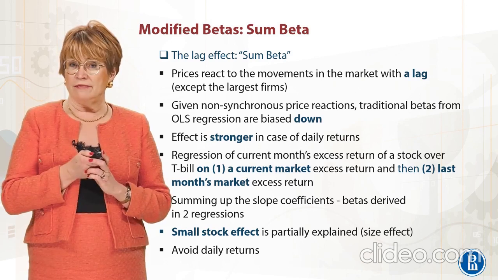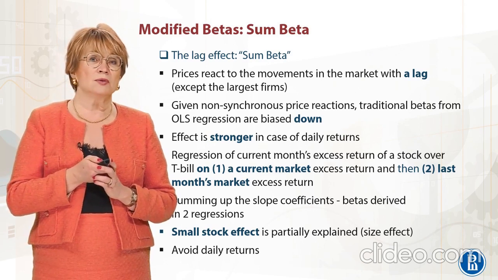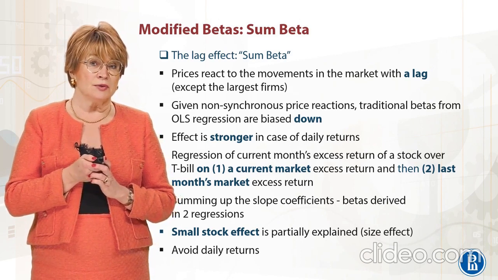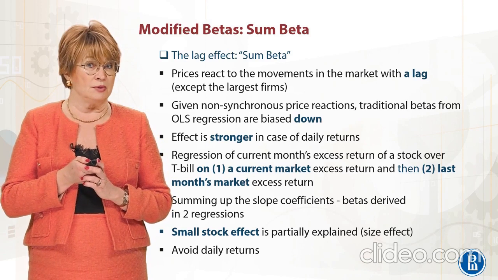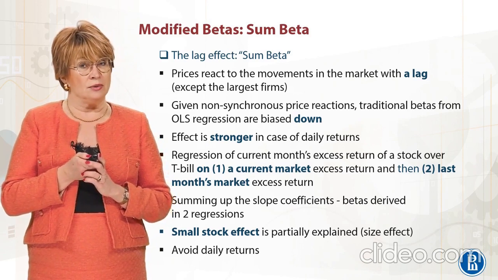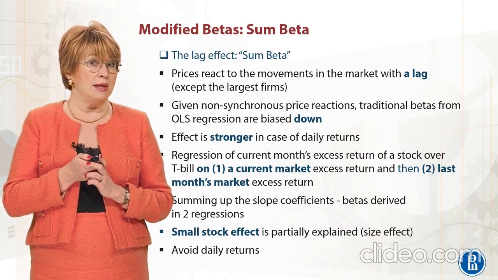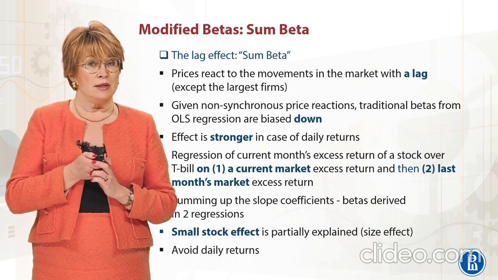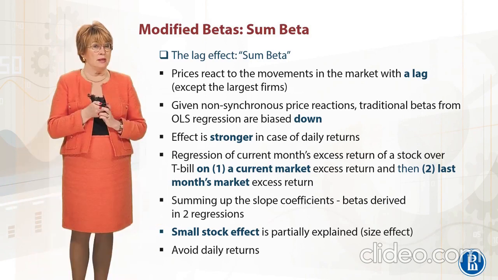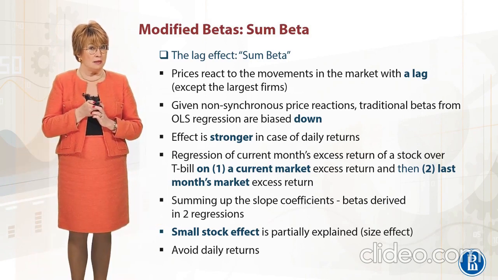And this effect could be stronger in case the analyst, when running the regression analysis trying to find the true betas for some companies, is using so-called daily returns, not weekly, not monthly returns. And that's why the researchers also suggested that we can apply the so-called sum beta.